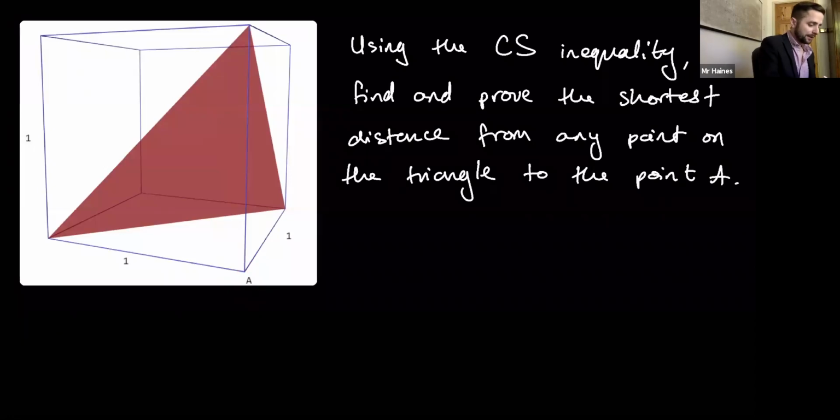And the triangle is drawn inside a unit cube. So that's side length 1, that's got length 1, and that's got length 1.